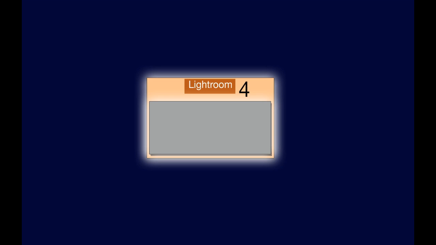So let's take a little look at how Lightroom works. Lightroom is designed in modules. Each module is going to do something different. And there's a number of things that you want software designed for photographs to do. Just looking at it from 50,000 feet, not getting into detail, you want to catalog, organize, and search pictures.